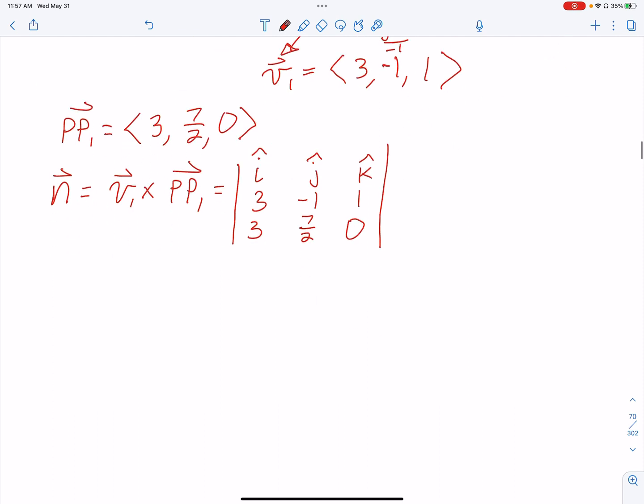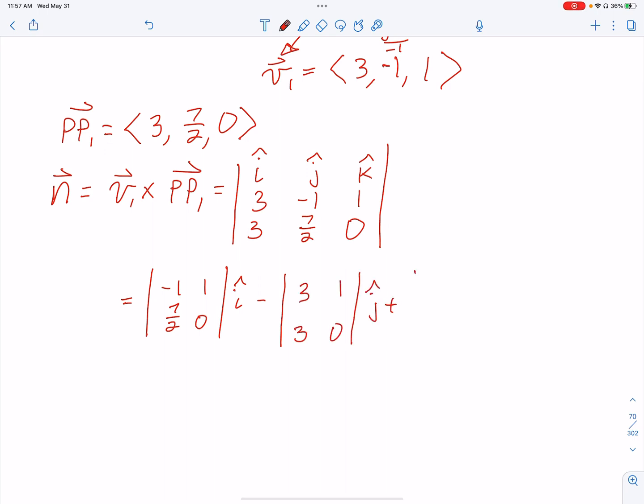All right, and then we begin our cross. I cover up I and I write down what's there. Then I do minus, cover up J, write what's there. And then I cover up K and I write what's there. I know I'm going a little quick, but I want to keep the videos short.